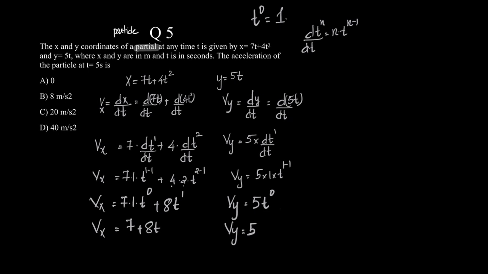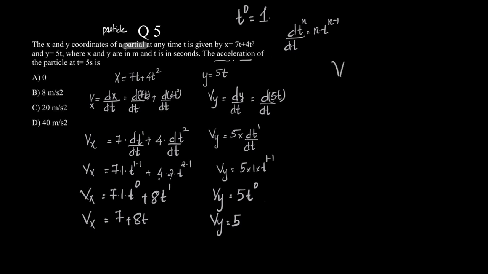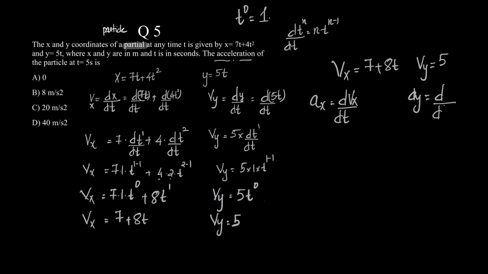Now the question is to find the acceleration. So let's write down Vx and Vy again. We have Vx is equal to 7 plus 8t and Vy is equal to 5. Now what is Ax? Ax is equal to d by dt of Vx. And Ay is equal to d by dt of Vy.